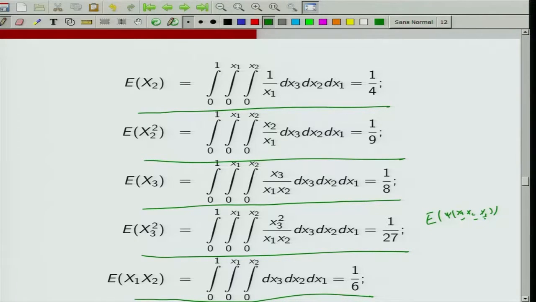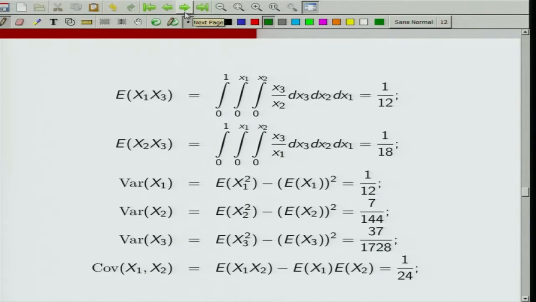So, you have to just change psi to x1 x2 or x3 square or x3 and so on, and you can get all these values. Similarly, for expected value of x1 x3, you replace psi by x1 x3, you get 1 by 12. You replace psi by x2 x3, you get expected value of x2 x3, which is 1 by 18.